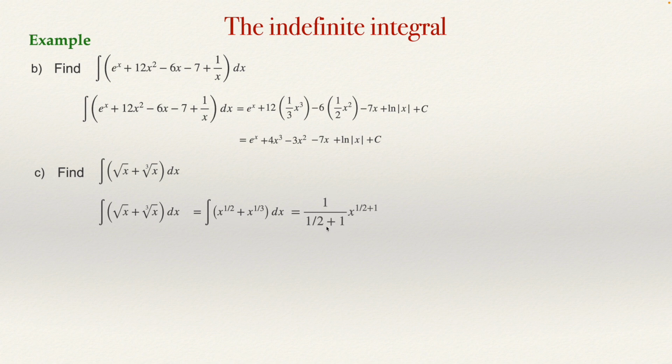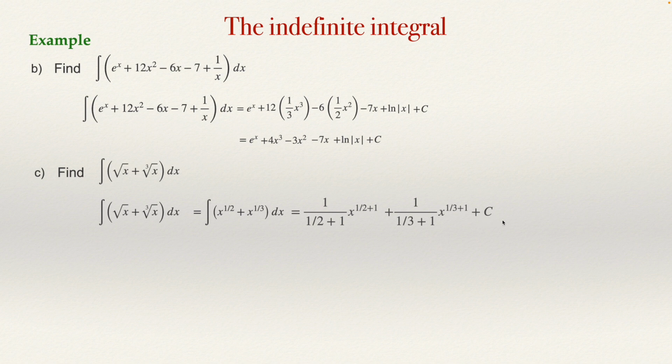So 1 over 1/2 plus 1 multiplied by x to the power 1/2 plus 1. And the same happens with the second one. I need to add 1 to the exponent, and the new exponent will also be at the denominator, 1/3 plus 1. So it will be 1 over 1/3 plus 1 multiplied by x to the power 1/3 plus 1.